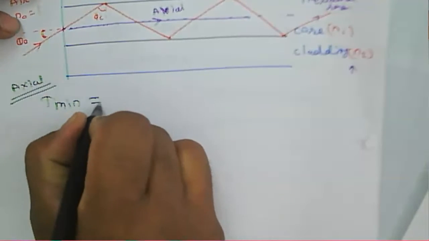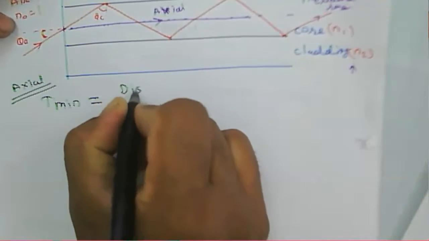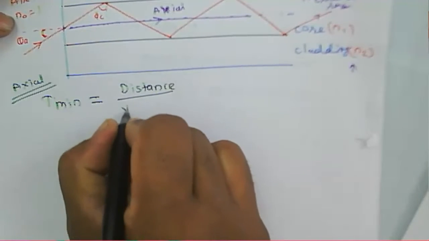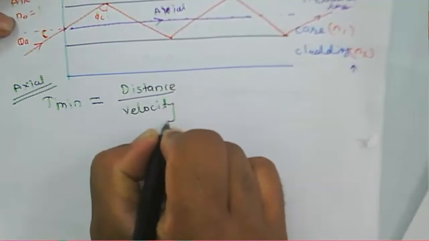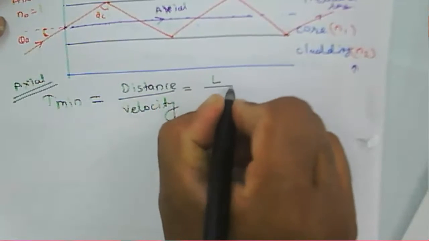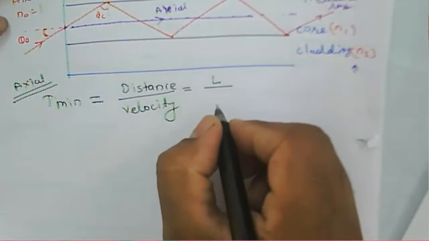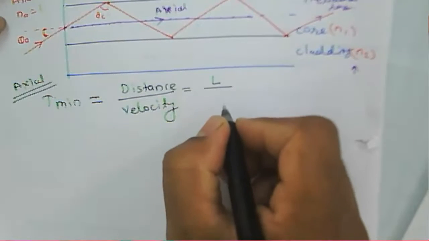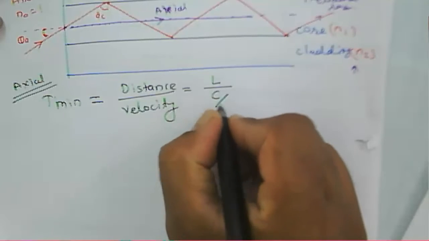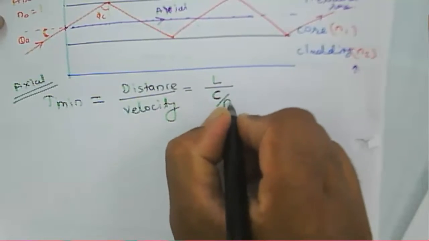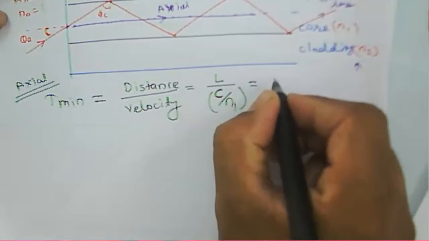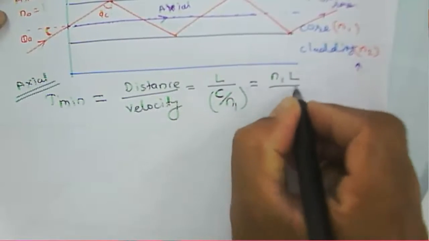That minimum delay time depends upon how much distance is traveled by that particular ray with respect to the velocity. The distance traveled is nothing but the length of the fiber, and the velocity depends upon the refractive index of the core. So the velocity is c by n1, where n1 is the refractive index of the core. In that case, we get n1 L by c.